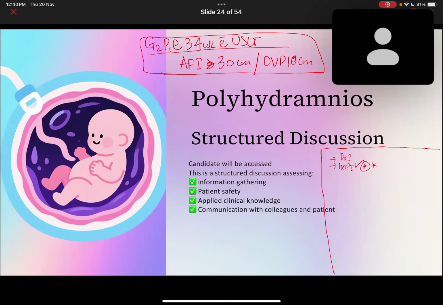After that, I will do the relevant examination: her BMI, vitals, and pulse, and the abdominal examination for symphysis-fundal height, amount of liquor, estimated fetal weight, and lower limbs for any swelling of the legs. And further, I would review her investigations.